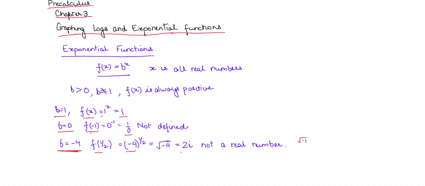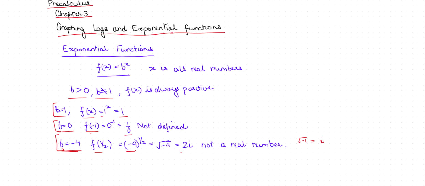It is i, which is an imaginary number. So therefore, we cannot have the base equal to 1, equal to 0, or any negative number. So it has to be greater than 0 and not equal to 1.